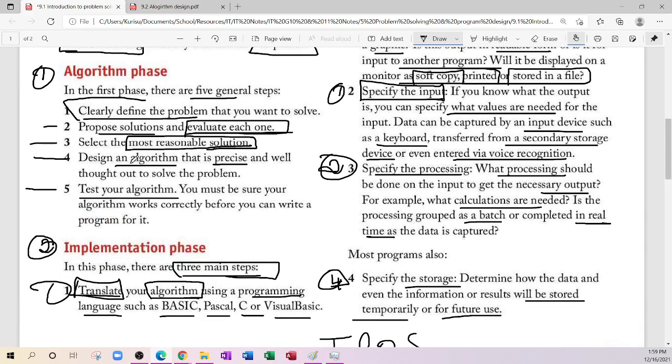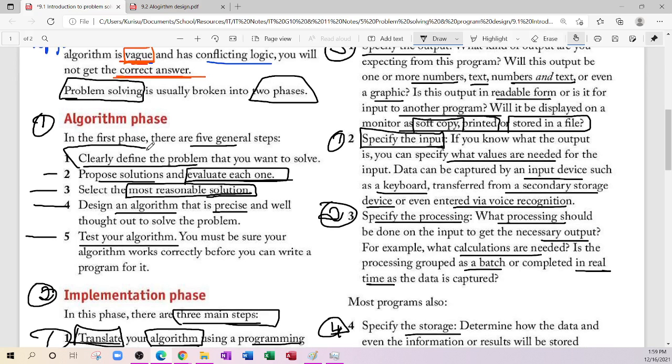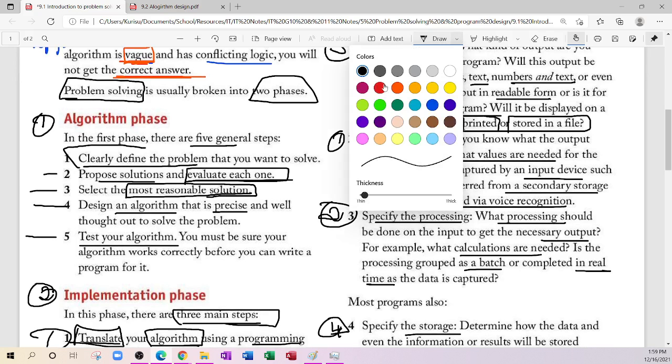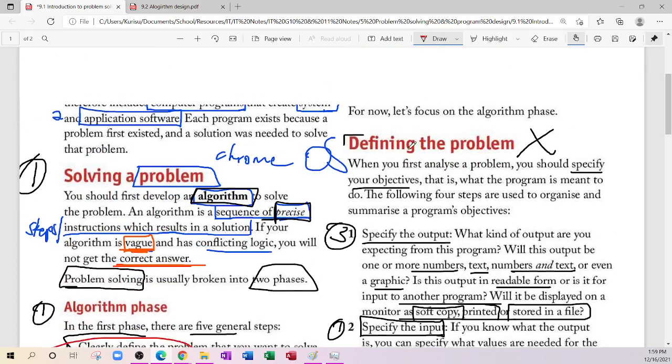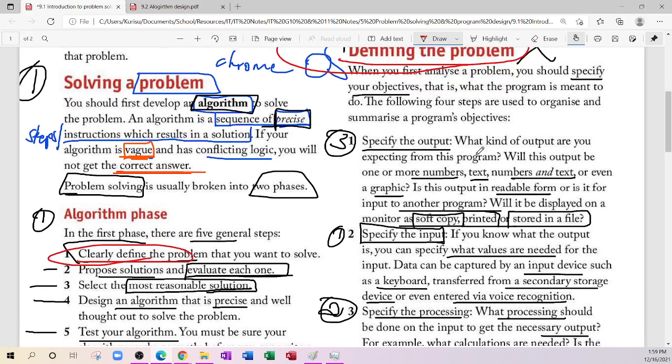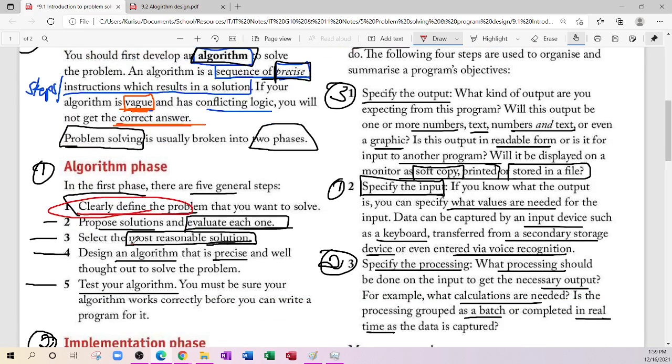But we already looked at how to define your problem. We looked at how to define the problem. That's what we looked at over here. And coming up with solutions, evaluating on it. I gave you guys examples of that. You pick a solution, think of the advantages and disadvantages, and then you choose the most reasonable one.